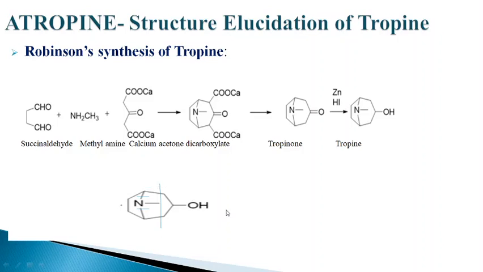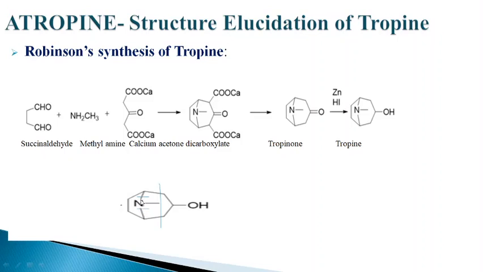As you can see in the structure of tropine, he degraded the product into three parts. The first part is succinaldehyde, CH2, CH2, CHO, so the first substrate he took was succinaldehyde.